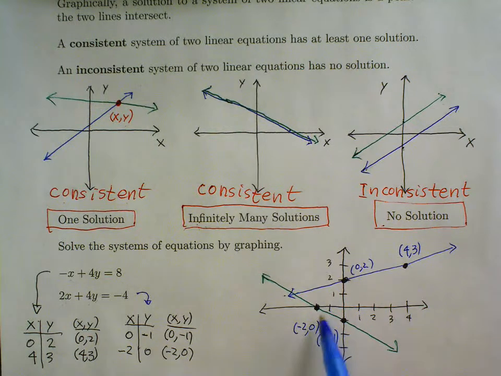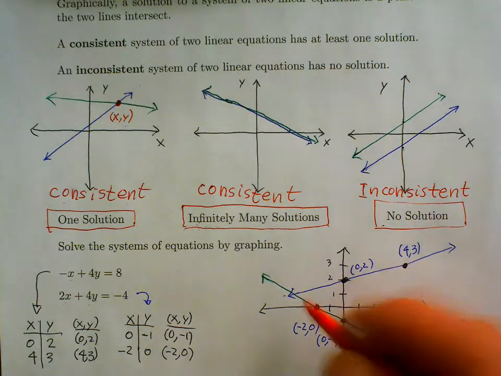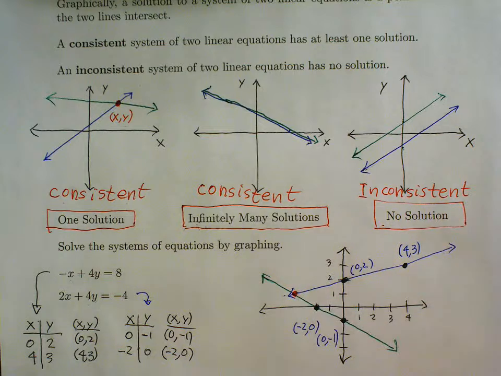Okay, well, what does it look like the coordinates of that intersection are? So it sort of looks like it could be -4 for x and +1 for y.